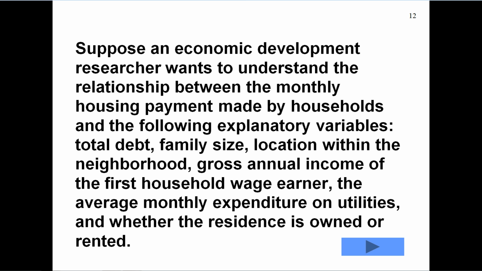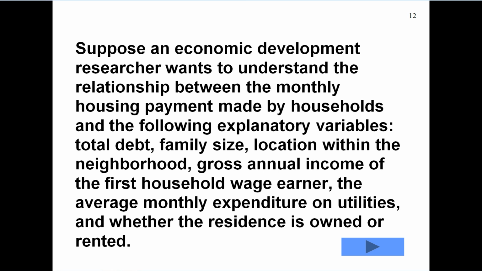Remember, the location was coded 1, 2, 3, and 4 for the 4 regions of the neighborhood. We're going to discuss qualitative variables and the use of indicator variables in much more detail later, but for now I'm hoping that you accept that if we want to include location, we have to include 3 of the 4 indicator variables associated with location.